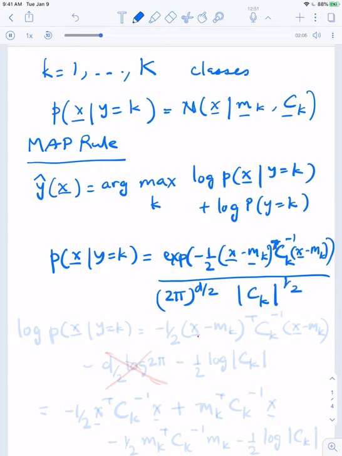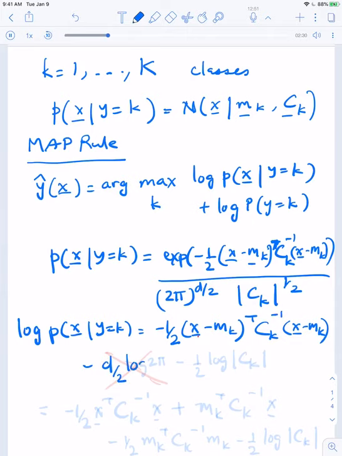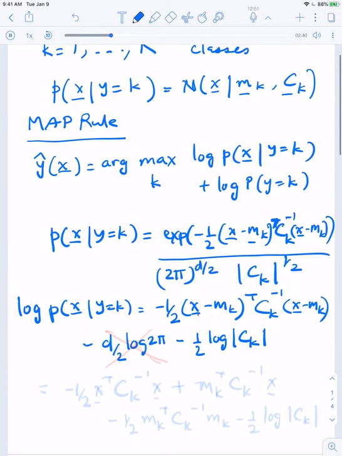Now it's just an exercise in algebraic manipulations to write down an expression for the log of this. It's minus half x minus mk transpose Ck inverse x minus mk, minus d over 2 log 2 pi, minus half log of the determinant of the covariance. Right? So that's what it is.